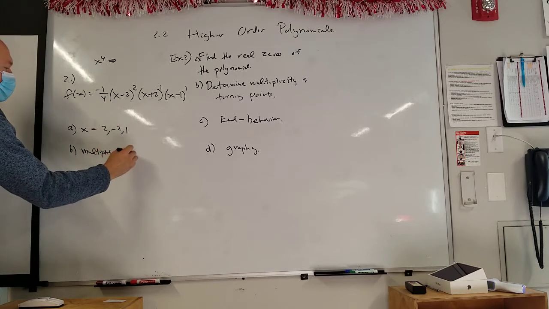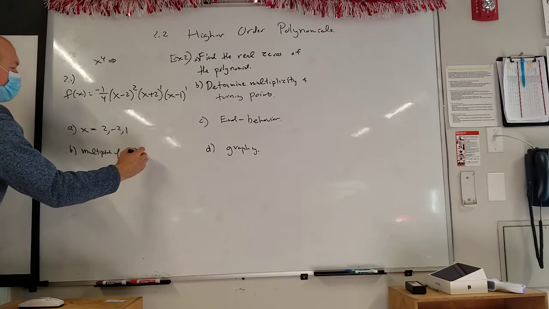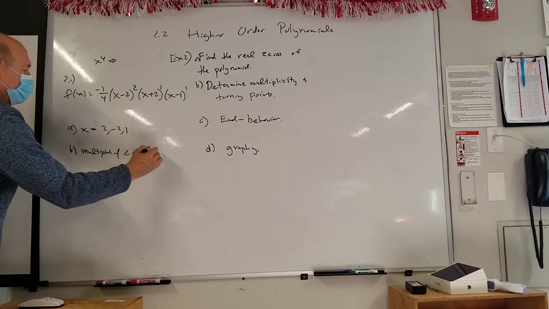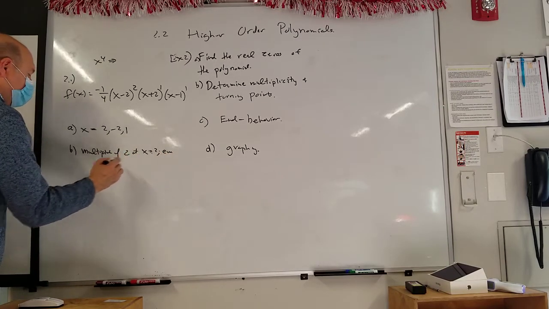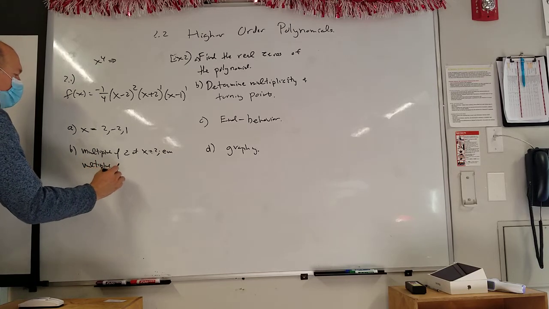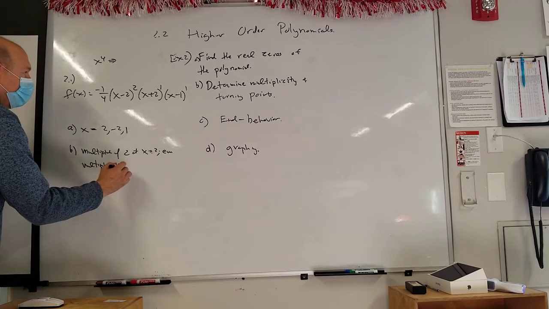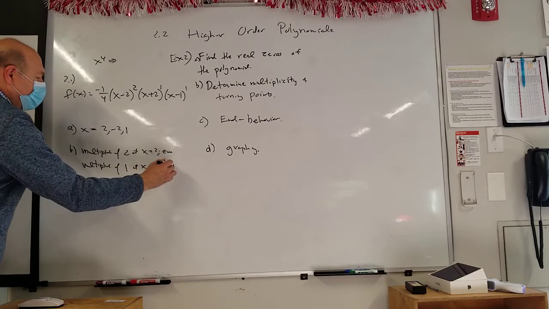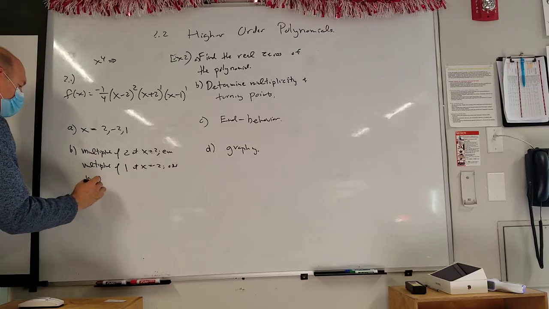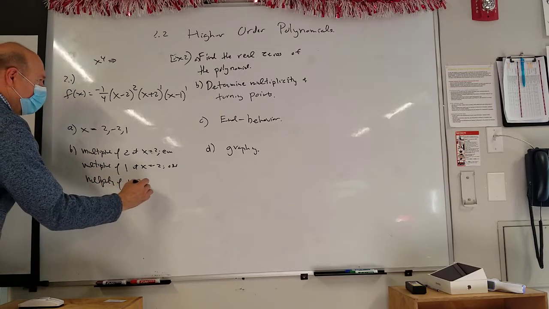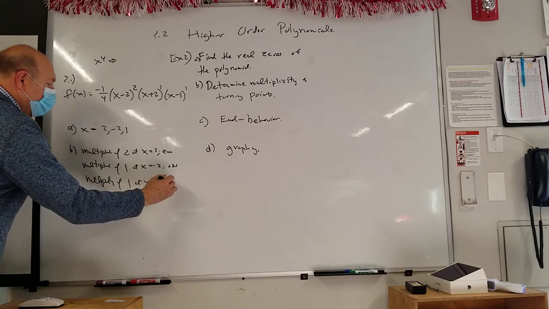Multiplicity of 2 at x equals 2, and that is even. Multiplicity of 1 at x equals negative 2, odd. Multiplicity of 1 at x equals 1, odd.